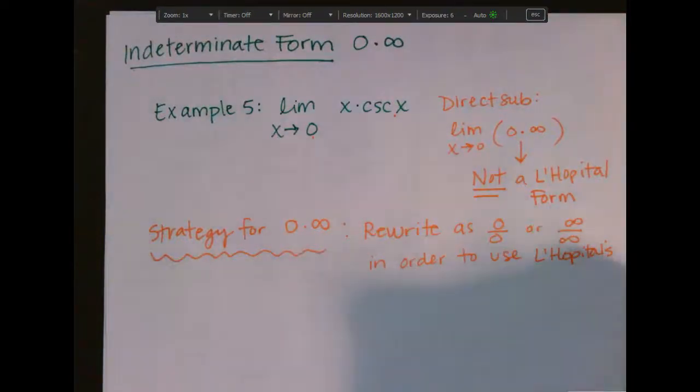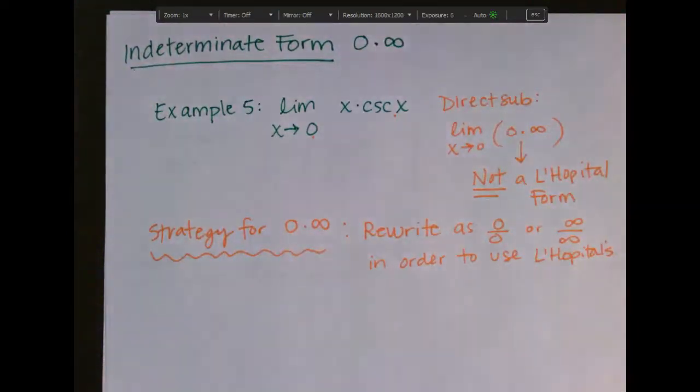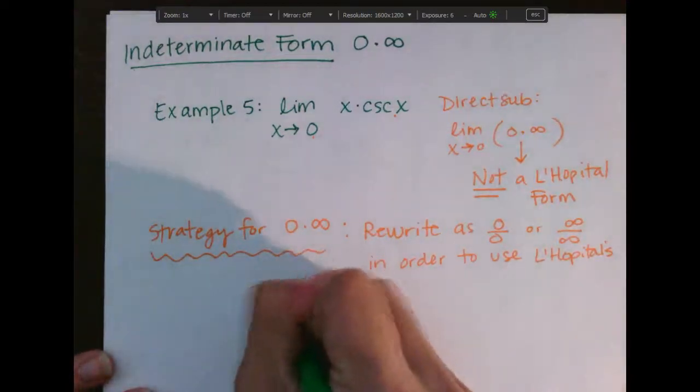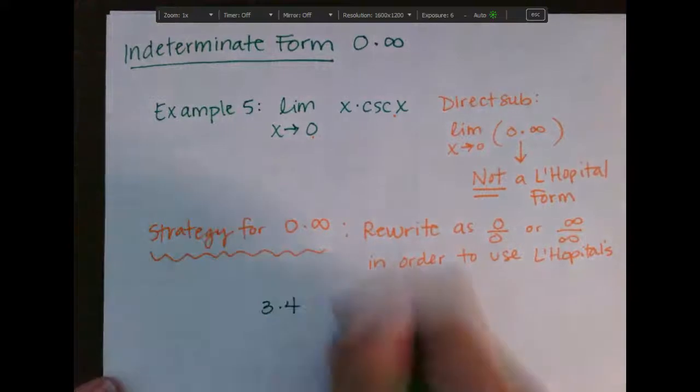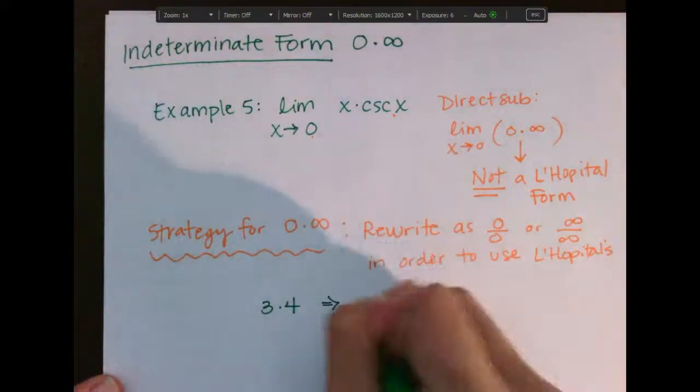So think about ways that you can take something in the form of 0 times infinity and write it as 0 over 0 or infinity over infinity. And I'm actually going to take the zeros and the infinities out of it for a moment, and I want you to think about a way to rewrite 3 times 4 as a division.